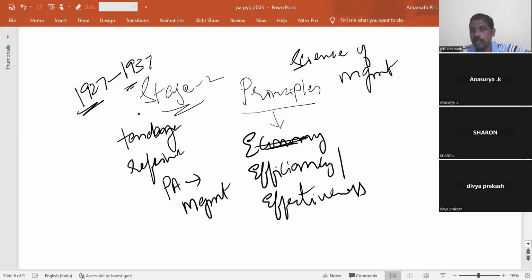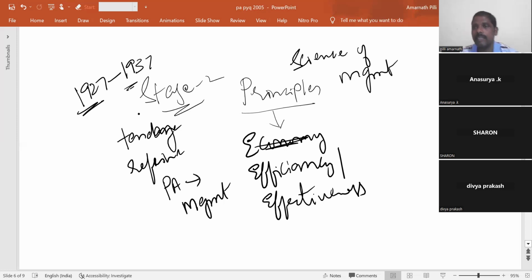Scholars called public administration a new science of administration. There was not much difference made between management and public administration. Both were equated. Some scholars call it management, some call it administration.